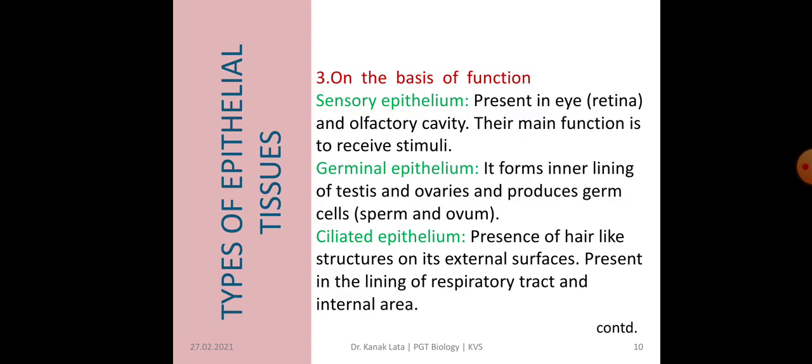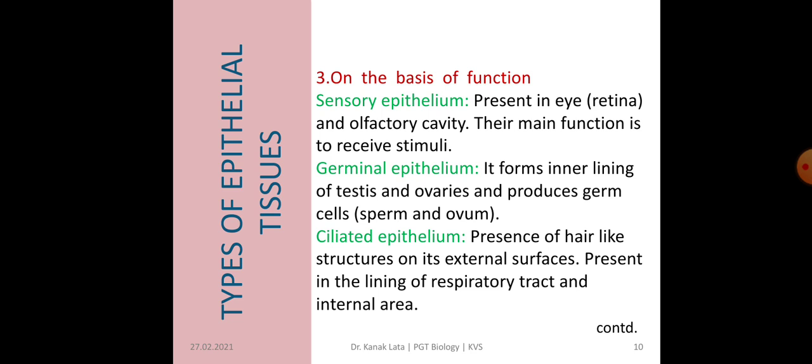Now third is on the basis of function. First is sensory epithelium. Sensory means its function is to receive stimuli. They are present in the eye, that is in the retina, and olfactory cavity, and its main function is to receive the stimulus. Second one is germinal epithelium.